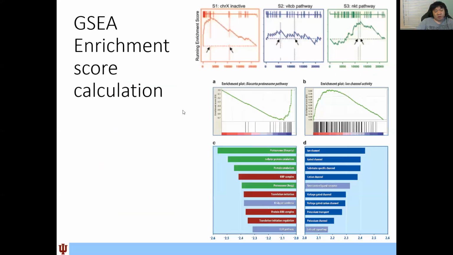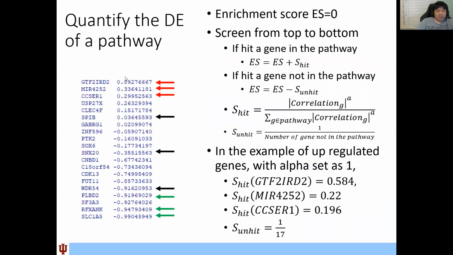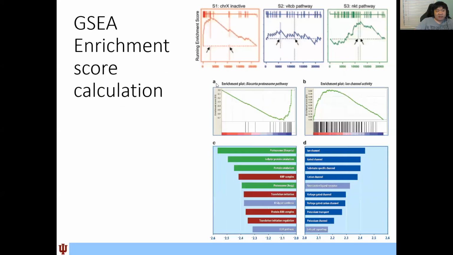Based on this formulation, if we see the trajectory of the ES for different pathways over the same ranked list, for example, if the pathway is enriched in the front part, the top part, and this is the ES level as we screen different numbers of genes, we see the ES will start to grow and then drop.